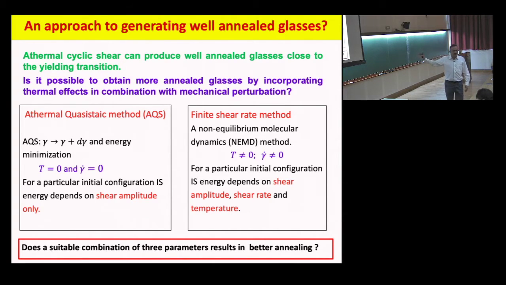So when we do the finite temperature, finite shear, we're actually simulating liquids rather than glasses. But to monitor how well a glass may be annealed, we look at local energy minima and the corresponding energies. The idea is that a suitable combination of these parameters, temperature, shear rate, shear amplitude, will give us an approach to generating well-annealed glasses.